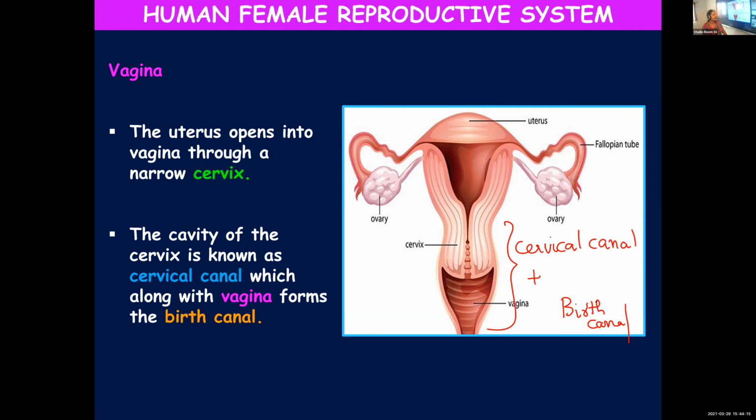I told you the cervical canal together with the vagina is known as the birth canal. The reason is the delivery of the baby. It is through this that the baby is delivered in case of normal delivery. You know that delivery can take place by surgery also, by cesarean. But when the delivery is normal, the baby will be delivered through the birth canal.